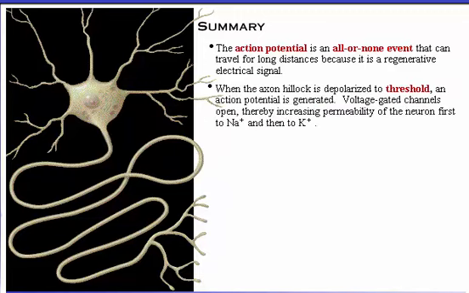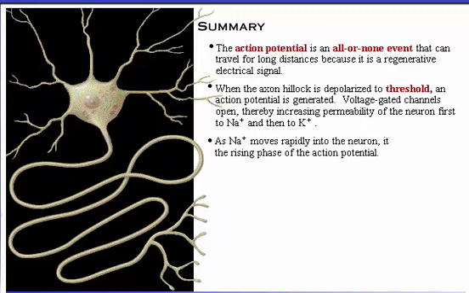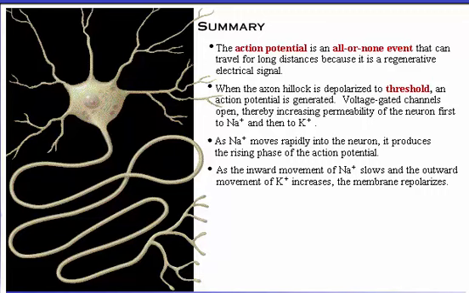When the axon hillock is depolarized to threshold, an action potential is generated. Voltage-gated channels open, thereby increasing permeability of the neuron, first to sodium and then to potassium. As sodium moves rapidly into the neuron, it produces the rising phase of the action potential. As the inward movement of sodium slows and the outward movement of potassium increases, the membrane repolarizes.